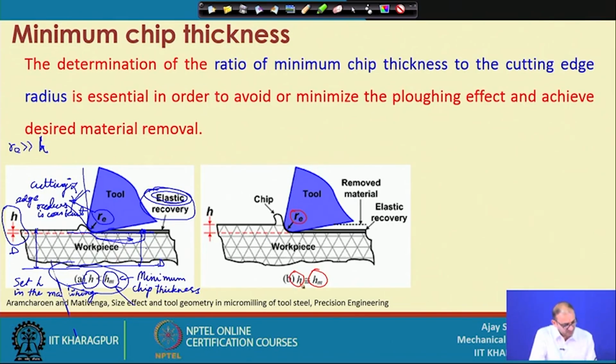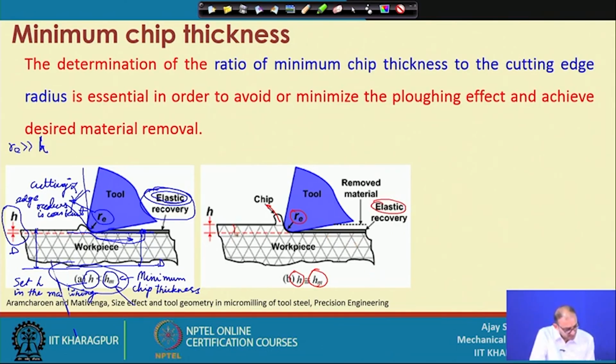Now, with this H, your tool has penetrated a little inside and has crossed the limit of elastic recovery, but it is still within this particular zone. So, some of the material will escape as a chip, but some of the material will be recovered as elastic deformation, though you will still get some material removed.